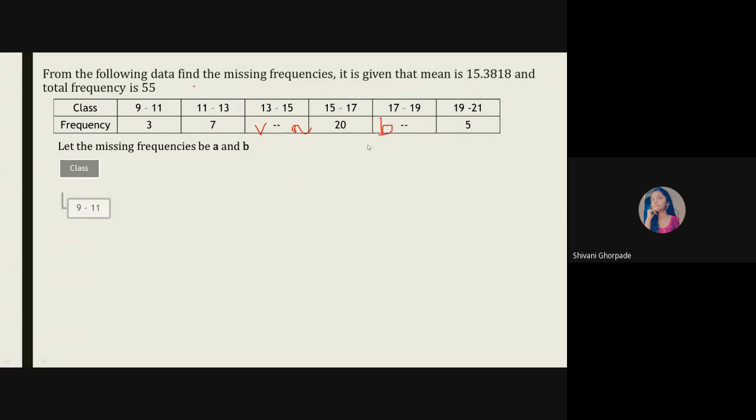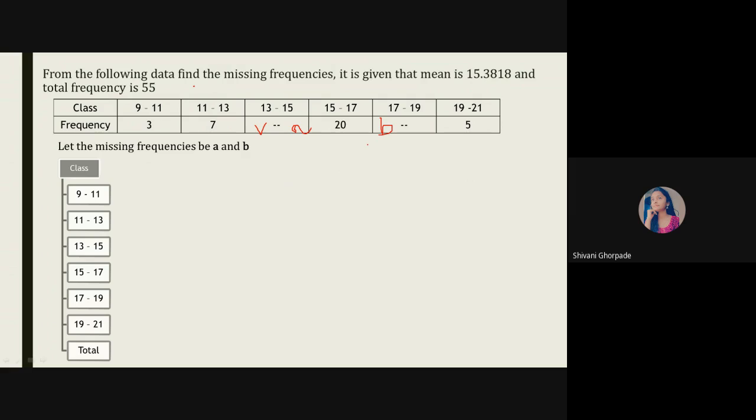So what is the first one? Classes, we have read the classes. Okay, these are your classes. The second step is we have to find out the mid value. Mid value means addition of lower limit plus upper limit divided by 2.